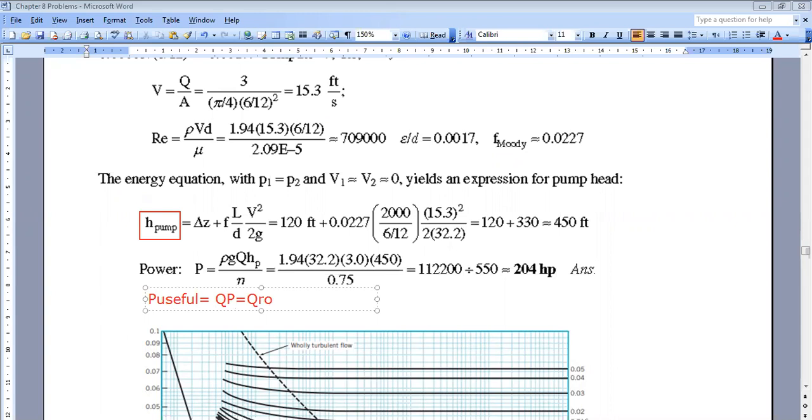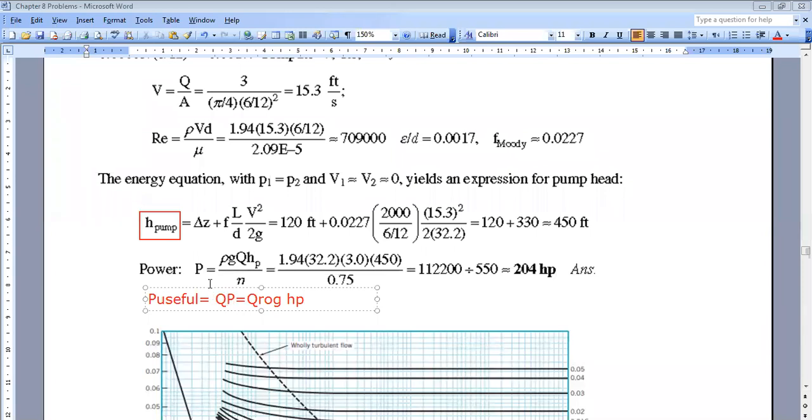So the useful power is Q times rho times G times HP. This is not physically a pressure, but it's equivalent in units. Because rho G HP, we call it the pump head. The unit of HP is meters, so when I multiply it by rho G, it is equivalent to the unit of a pressure. And the power unit is equivalent to the unit of the volumetric flow rate times the unit of the pressure.